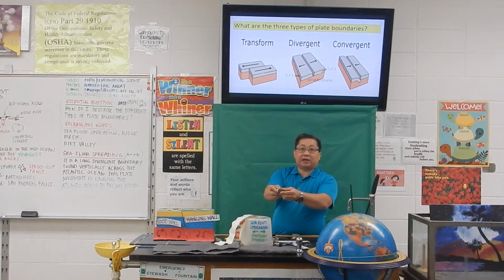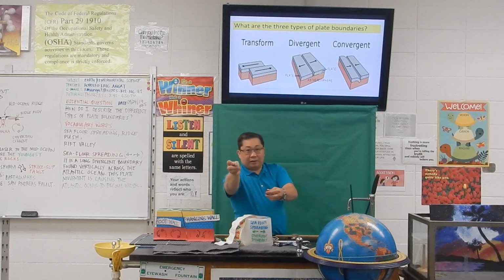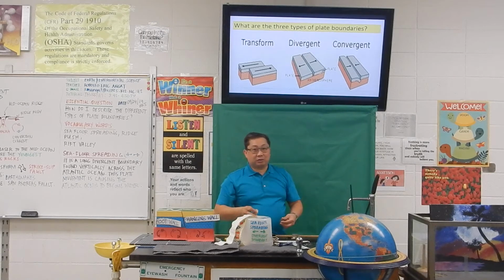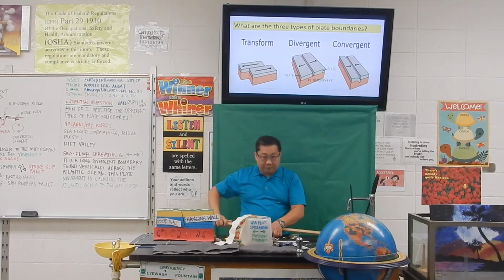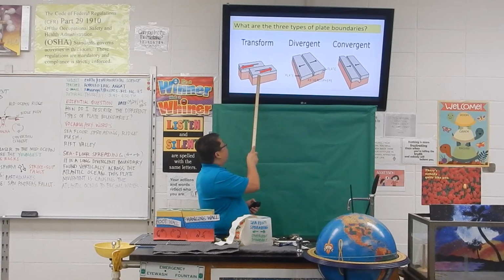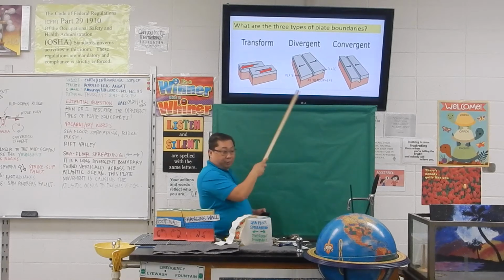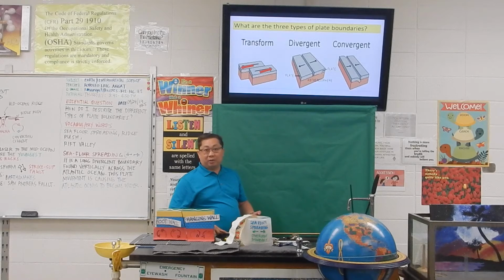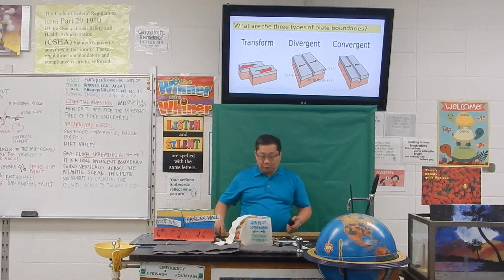When the rocks can no longer handle the pressure, they break, and that results in an earthquake. That is what happens with transform boundaries. Of course, the San Andreas Fault is the most common one, and it is mostly a strike-slip fault.